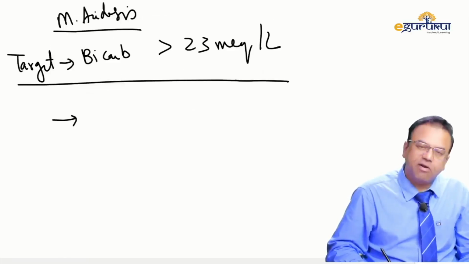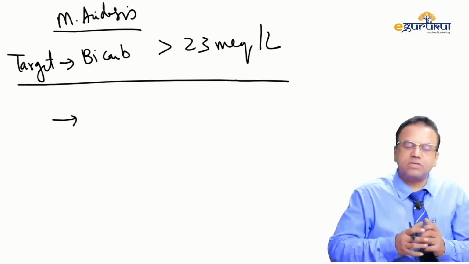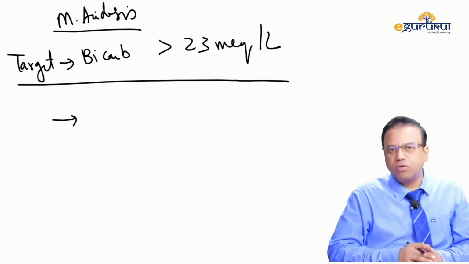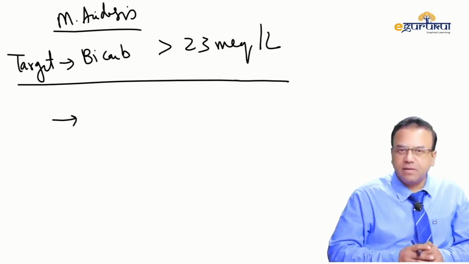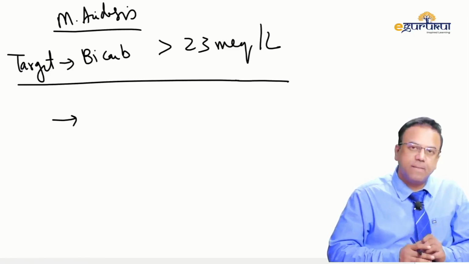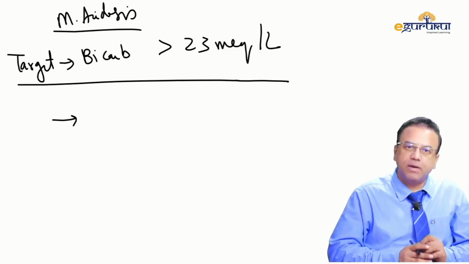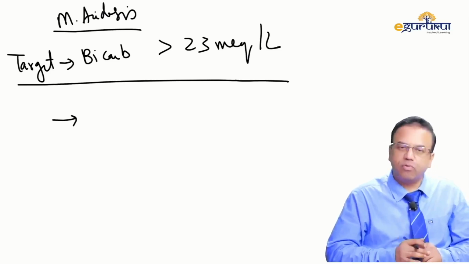What is the benefit of giving bicarb in these patients? What we are understanding is that when acidosis is there, as you know, kidney disease is generally accompanied by metabolic acidosis. When you have acidosis, one of the things the kidney will do is produce ammonium to buffer the acid. This is produced in the kidney. This ammonium is supposed to activate complement. Excess ammonium activates complement, and the complement cascade is supposed to be one of the reasons for tubulointerstitial fibrosis.